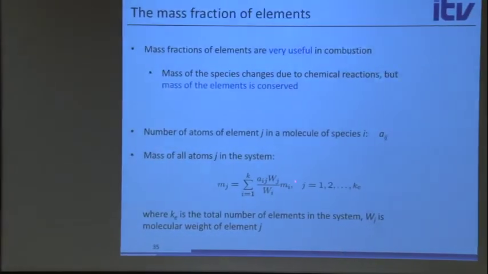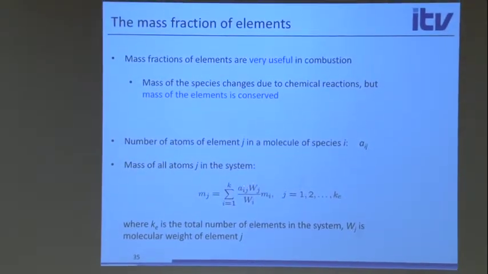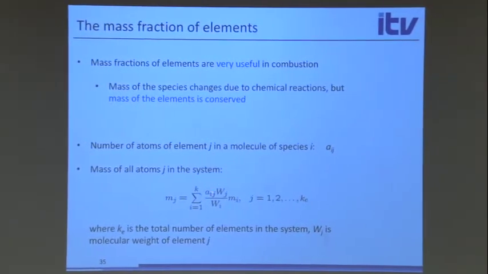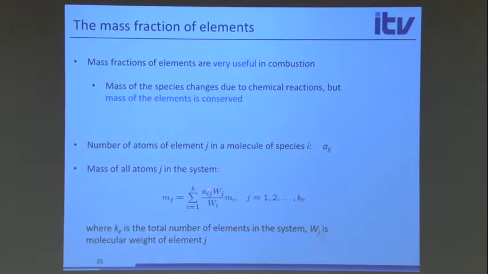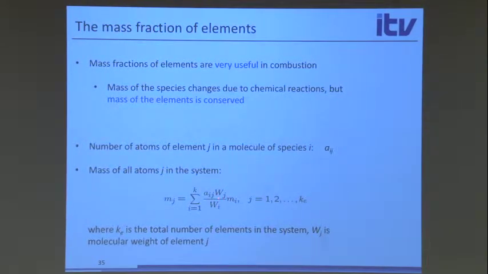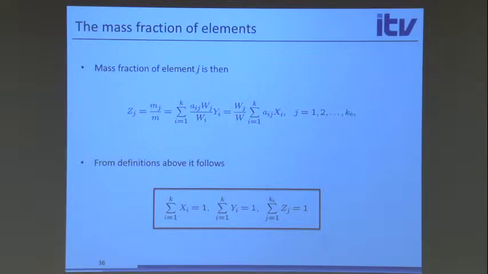Multiplied by Aij, that tells you how many, let's say, carbon atoms you have. And this is the weight of carbon or hydrogen or oxygen. That then gives you the mass, and the sum over all species gives you the element mass. So this is a very, very simple relation to derive, but that gives you that element mass fraction.